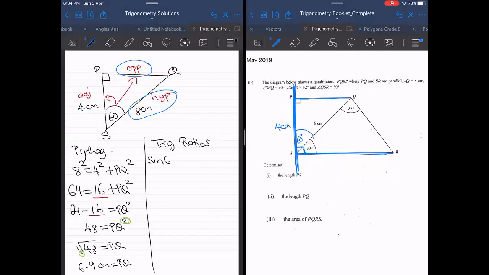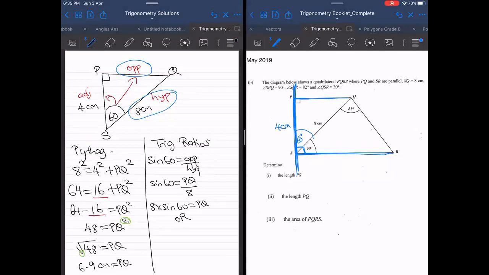So you could say that sine 60 is equal to the opposite over the hypotenuse. So sine 60 is equal to PQ over 8. So 8 times sine 60 is equal to PQ.